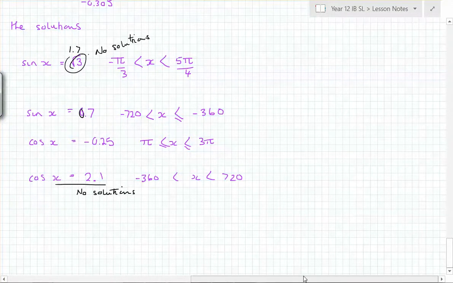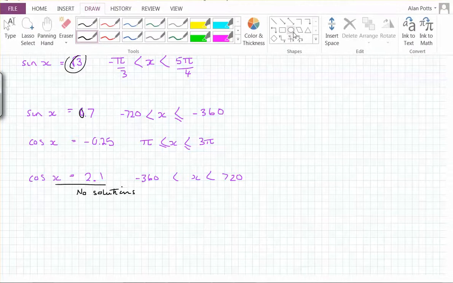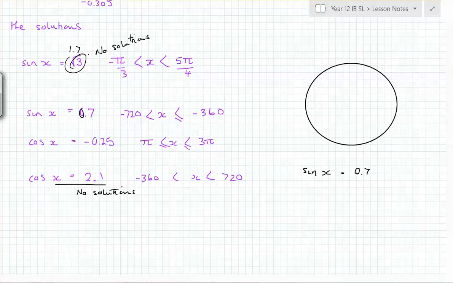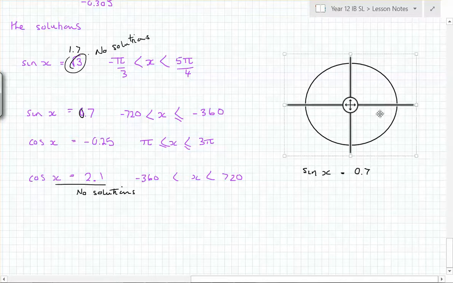Whether you want to use the graph or whether you want to use the circle, I'm going to use the circle. Okay. Now, we are doing sine of x equals a positive 0.7. So what that means is that in my unit circle, a positive sine of 0.7 is somewhere up here, because it's almost 1.